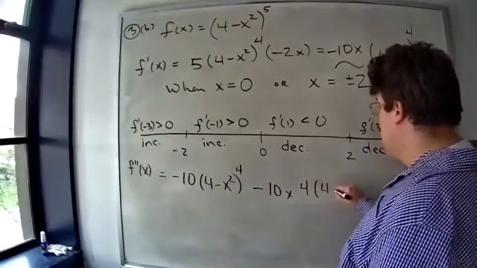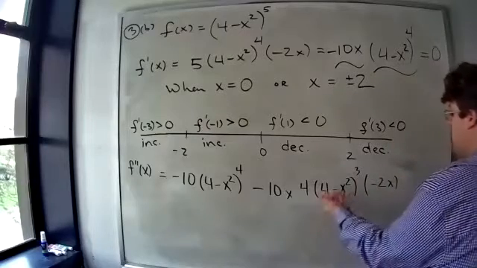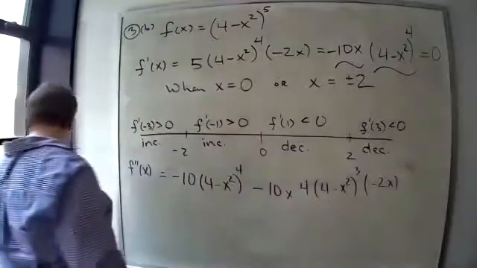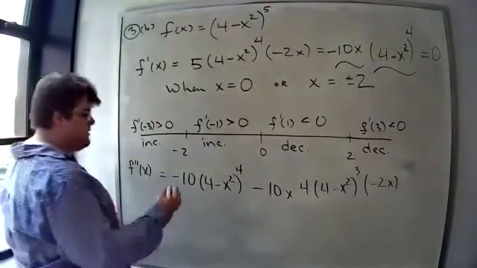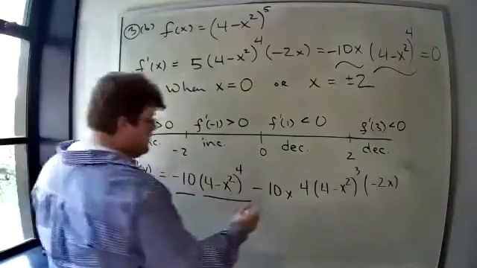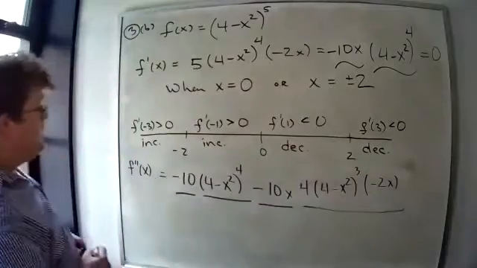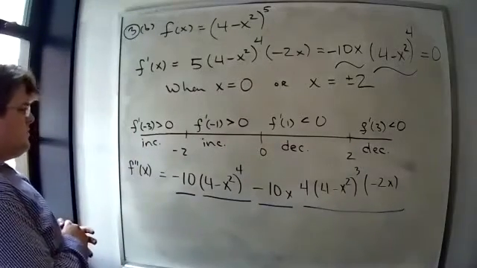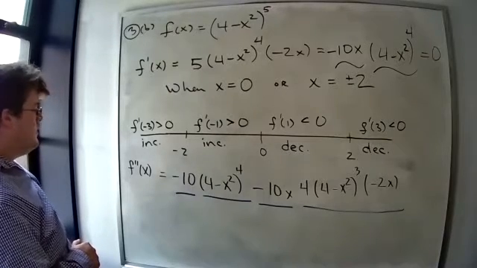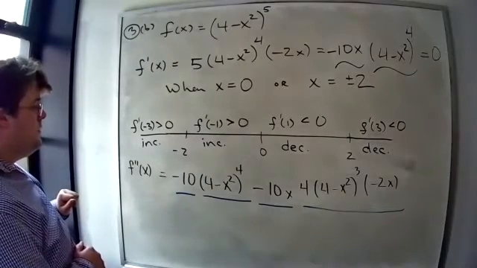So that gives us 4 of them to the 3rd times the derivative of this inside. So for this product rule, we have derivative of the first times the second plus the first, and the derivative of the second like that. Any questions about just finding the second derivative? And finding where it's 0 is another chore, but any questions about where this came from?